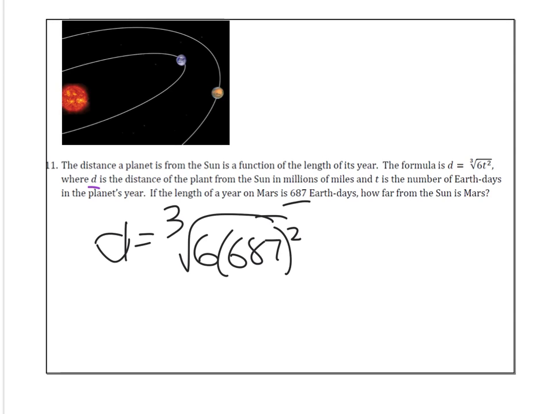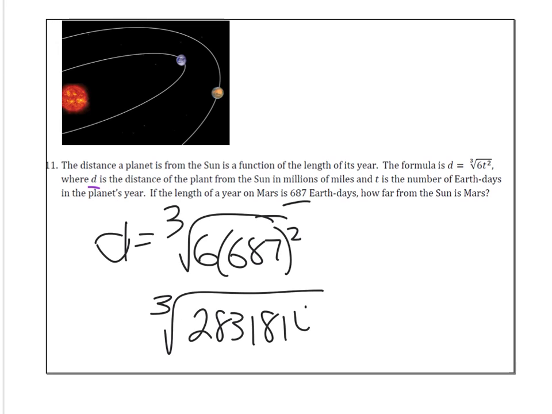So 687 squared is going to be a really big number, times another 6 is going to be a really, really big number. So you're looking for the cube root of 283,1814. And once again, like I said, in your calculator, all you got to do is raise that to the power of 1/3.